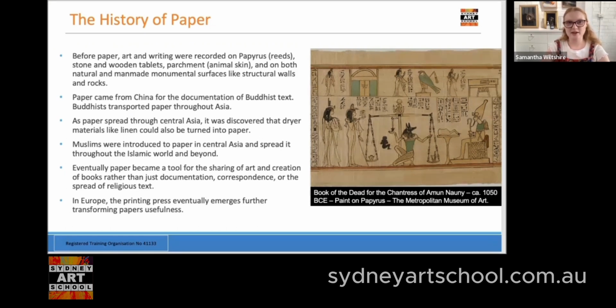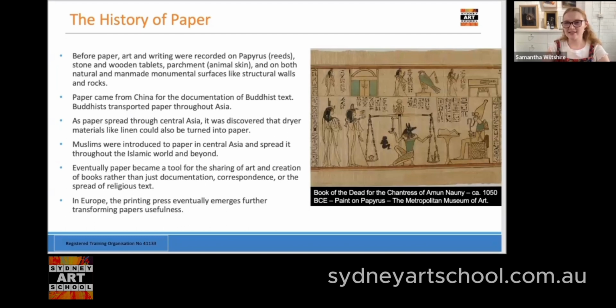We had stone and wooden tablets, parchment, which is made from animal skin, and even the natural and man-made monumental surfaces around us. For example, rock surfaces, cave walls, structural walls, pillars on buildings. These were all great options for us to record our art and our history.